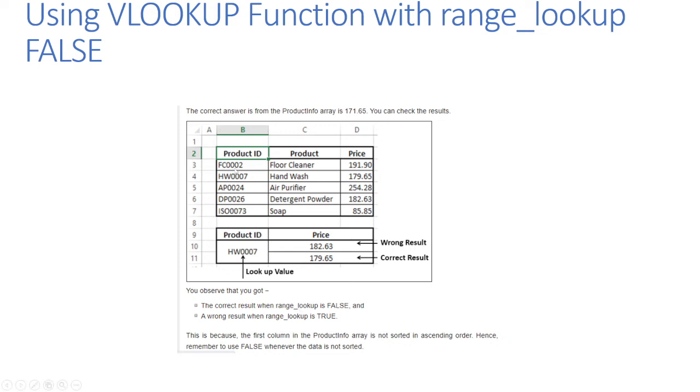So again, that's because this one is not sorted. But if you sort this one, this will give us also the correct value. But of course, if let's say this is not sorted, then we might be looking for the exact match. So we use the range lookup should be false.